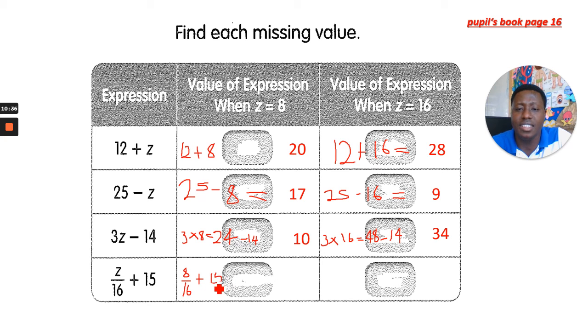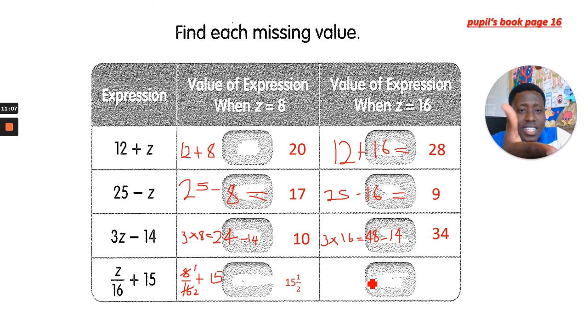What you do is that 8 goes into 16 2 times. We get 1 over 2 plus 15, which is our answer. 15 and a half, because we have here 1 over 2. So we get our answer as 15 and a half.